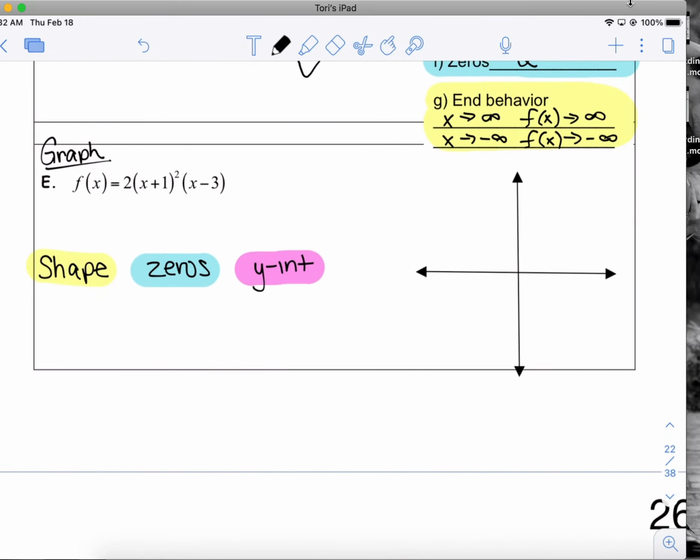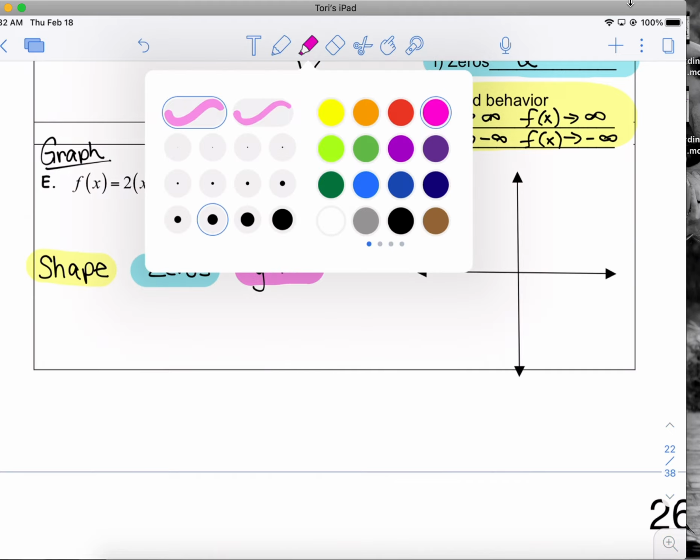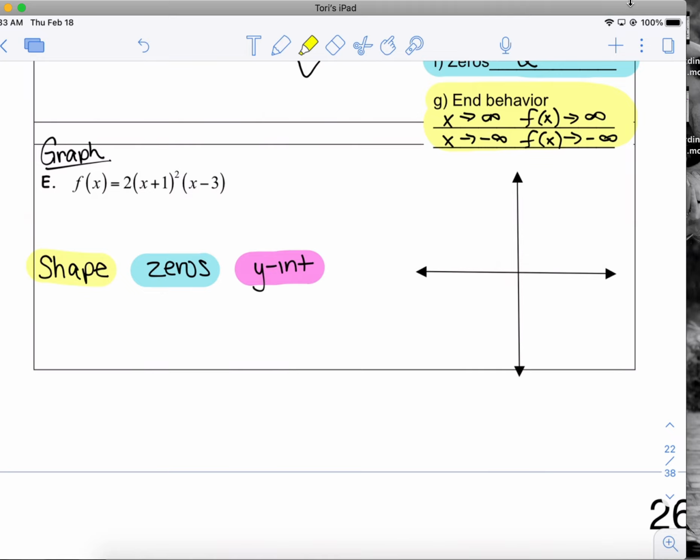So based on this, I can kind of look at how many x's I have, and that will determine what my shape is going to be. So right here I have an x, but it's to the 2nd power, and I have another x. So total, we're looking at x to the 3rd. We are going to be cubic then, kind of facing this direction, because my leading coefficient is a positive 2, okay?